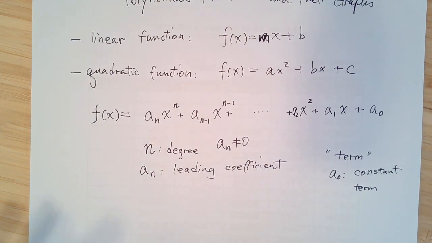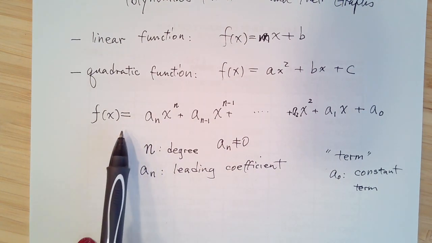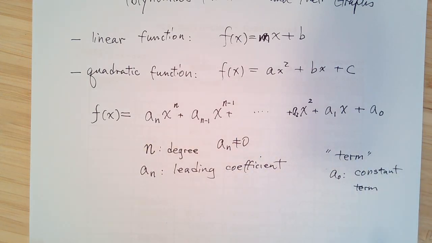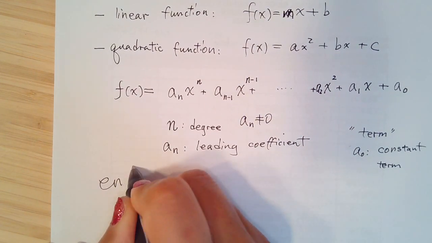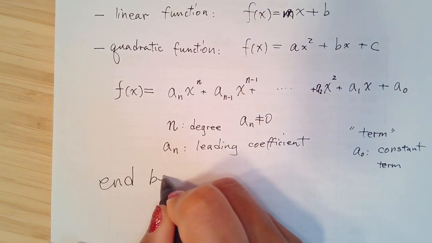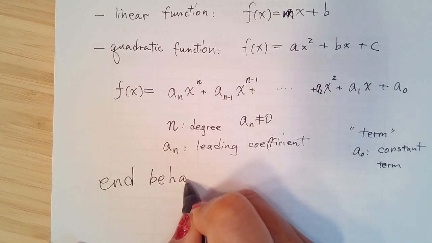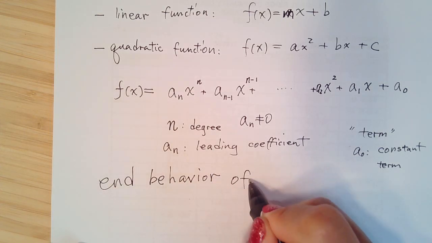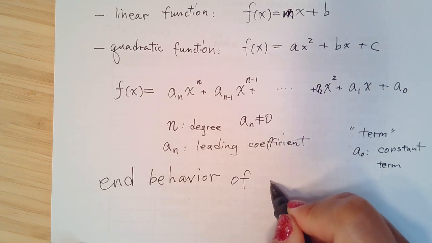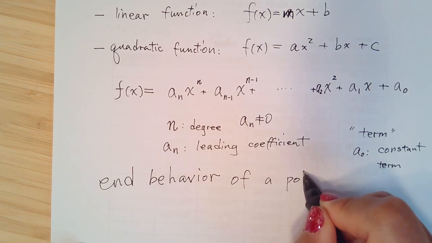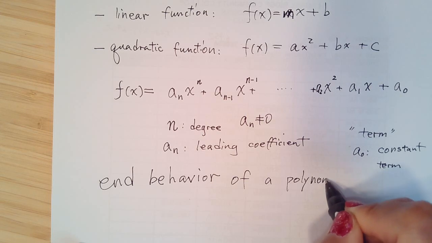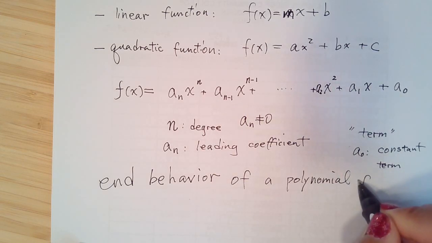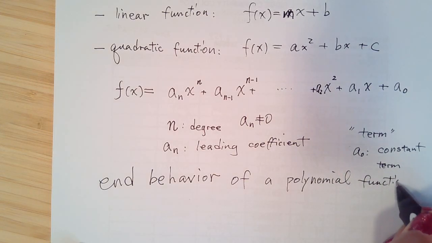All right, now once you're given a function that looks like this, there's something that you can tell. We call that the end behavior of the graph, the end behavior of a polynomial function. What does that mean?